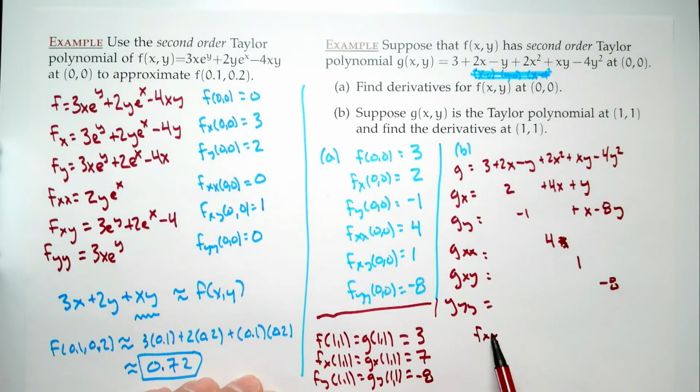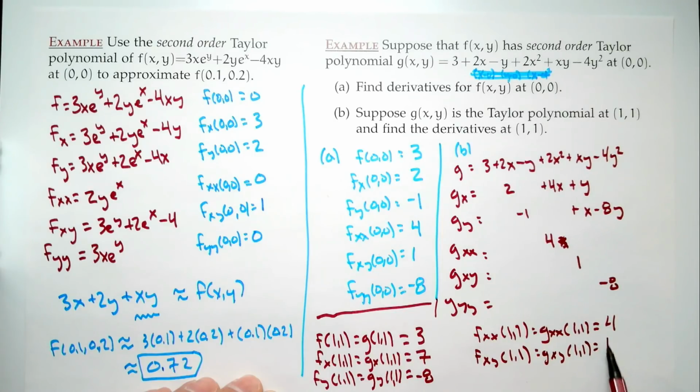F sub xx at 1, 1 will match g sub xx at 1, 1, which is 4. F sub xy at 1, 1 will match g sub xy at 1, 1, which is 1.